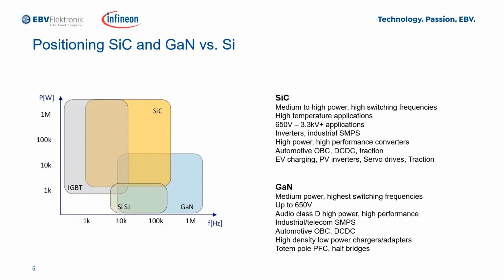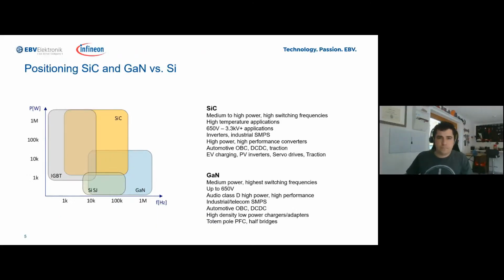And then silicon carbide, which is targeting very high power and high switching frequencies. For sure, silicon carbide is there to compete with superjunction and GaN in the lower power range. And here the specific requirements of applications will definitely prevail in choosing the right technology.